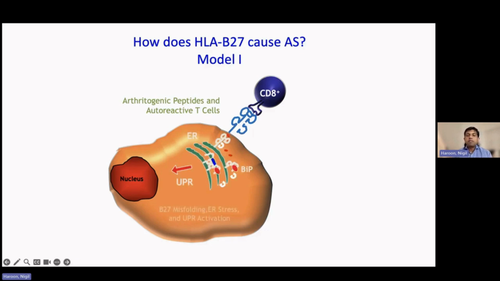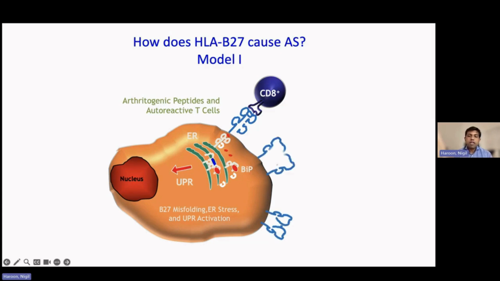The second mechanism is that B27 may actually not be participating in the immune system at all. B27 itself may be accumulating inside the cell and causing a lot of inflammation. And that is called the misfolding hypothesis because B27 tends to accumulate and misfold.